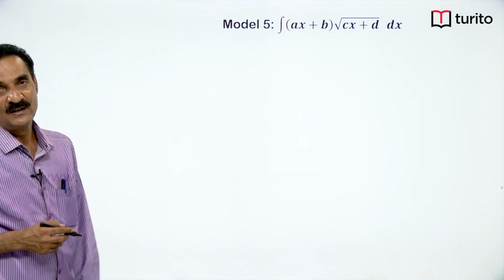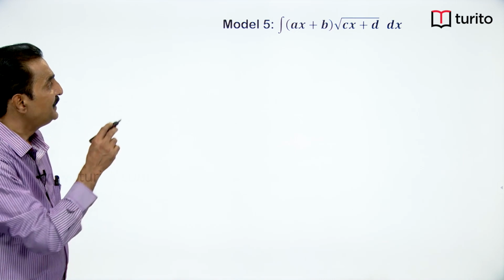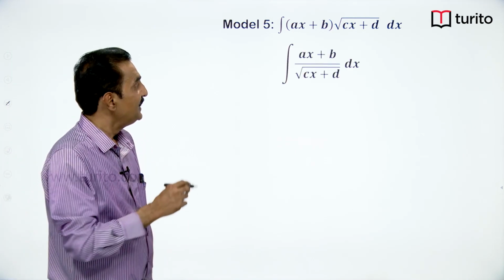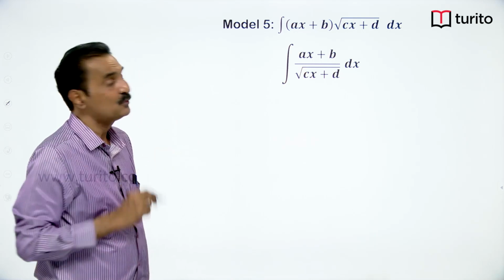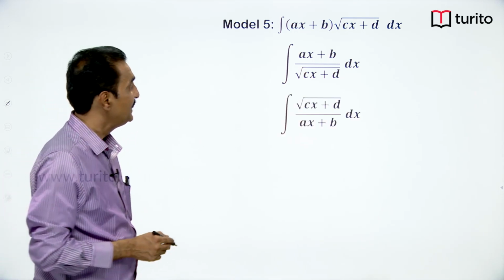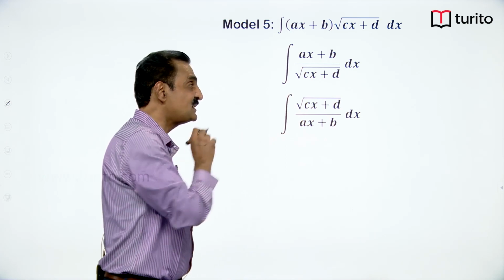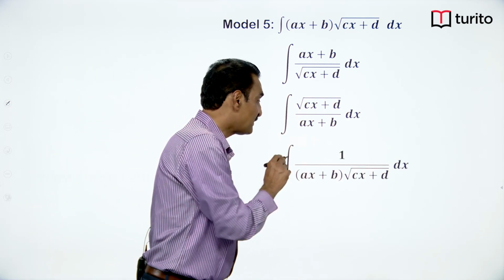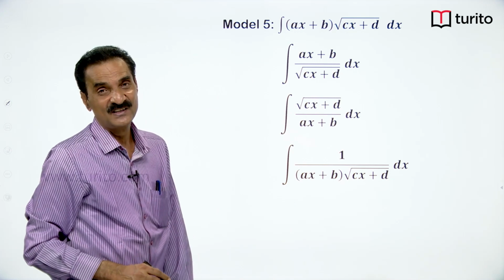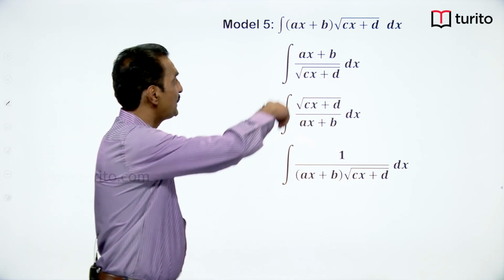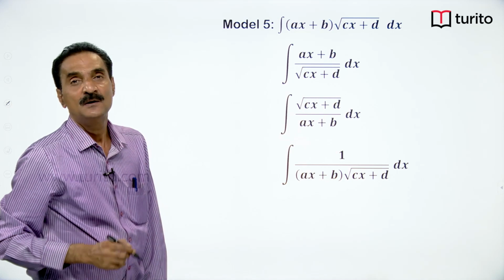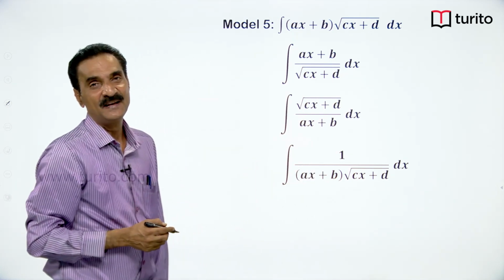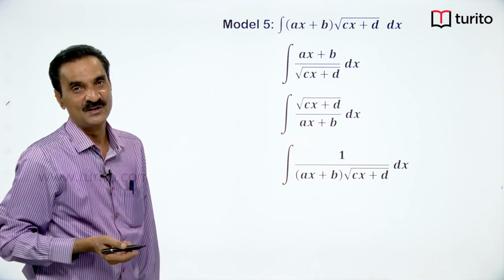Now, another model: integral (ax+b)√(cx+d), integral (ax+b)/√(cx+d), integral √(cx+d)/(ax+b), and one more, integral 1/((ax+b)√(cx+d)). For all these 4 forms, we can substitute the term under the root as t square and make the function rational.